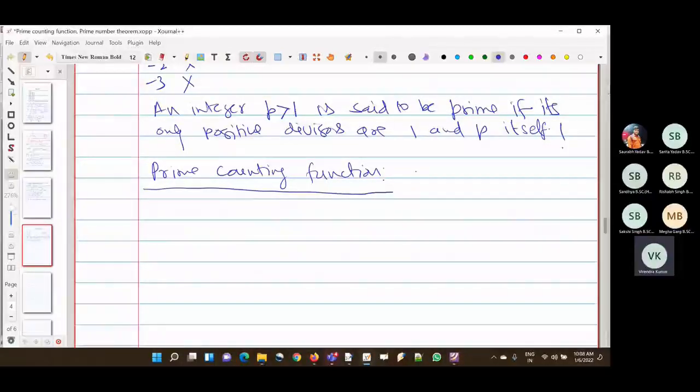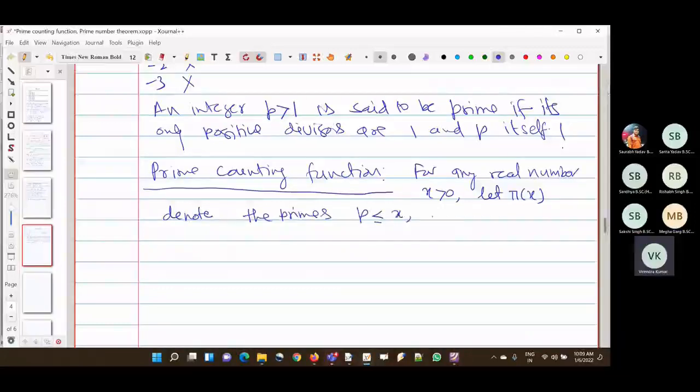Prime counting function: for any real number x greater than 0, let pi of x denote the number of primes p less than or equal to x.